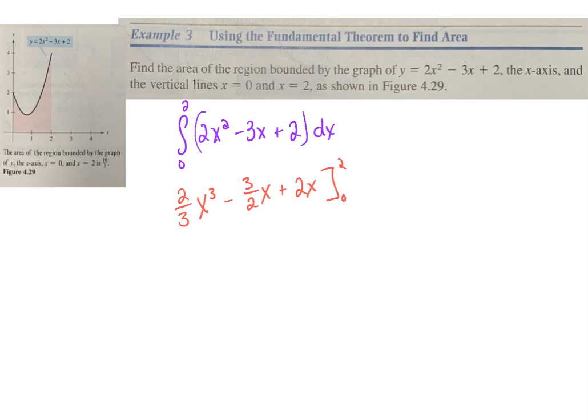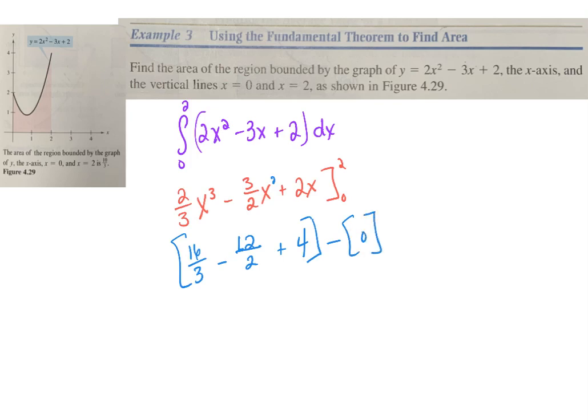Again, it doesn't matter. So I get, what, 16 cubed over 3 minus... Yes, I said it, and I didn't write it. Sorry. That would be 12 over 2 plus 4. When you subtract, this is the 2 minus what happens when you plug in a 0.